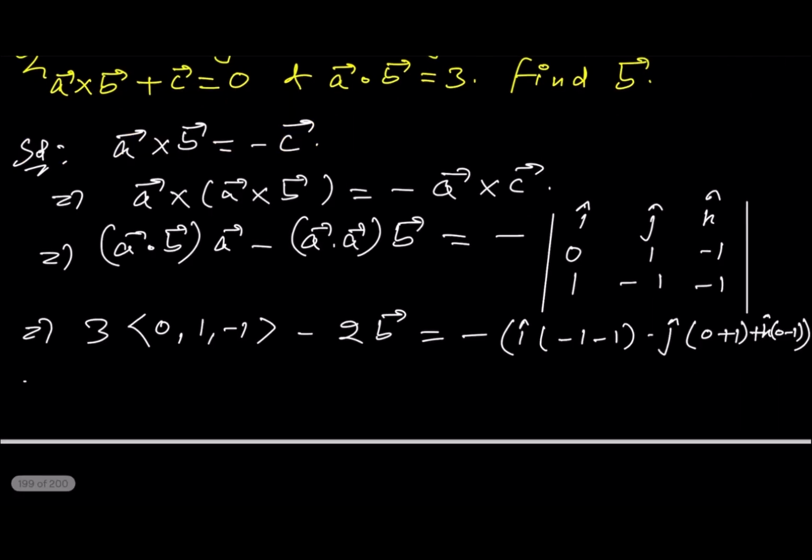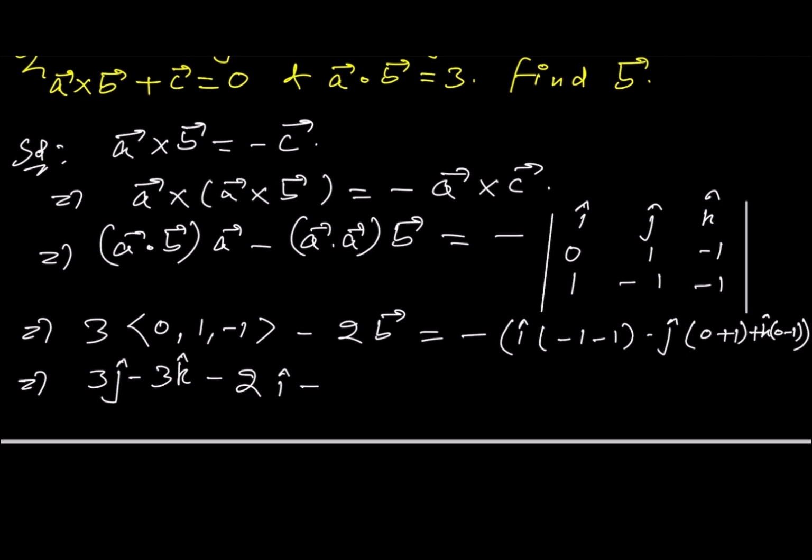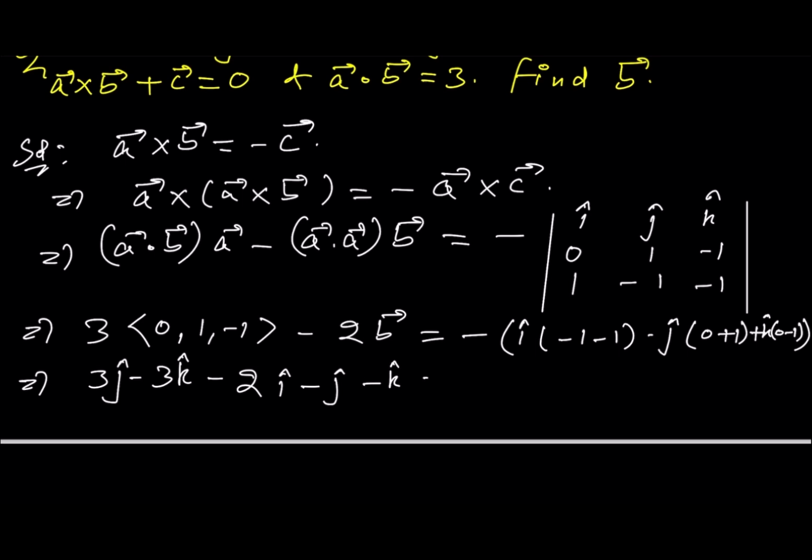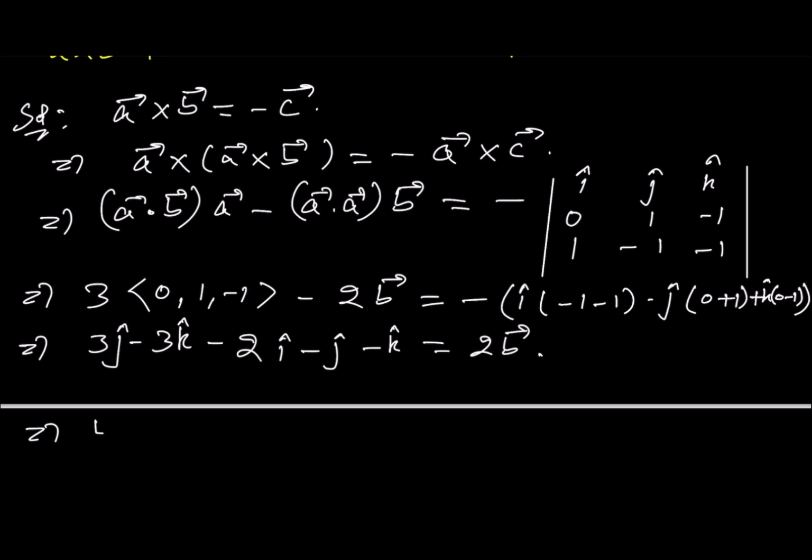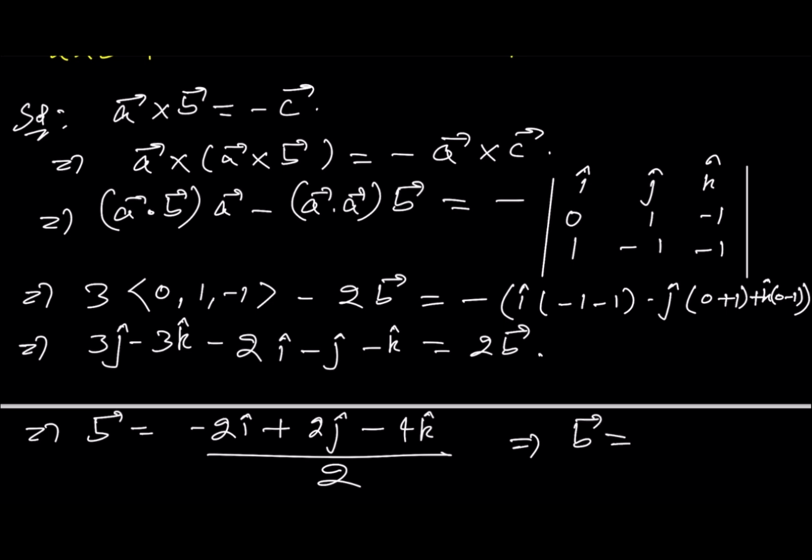So this will be 3j cap minus 3k cap minus 2i cap minus j cap minus k cap is equal to 2p vector, right? So from here p vector is minus 2i cap plus 2j cap minus 4k cap by 2, or p vector is minus i cap plus j cap minus 2k cap.